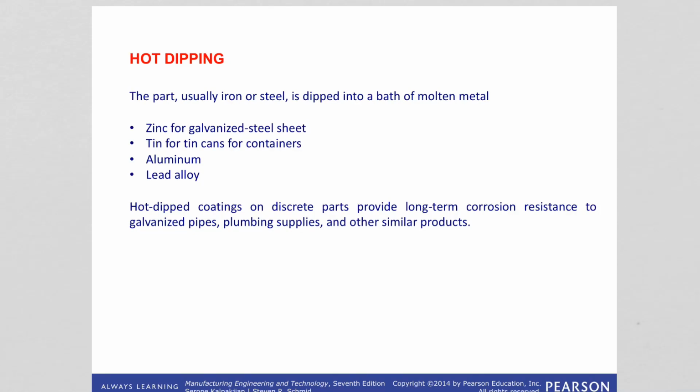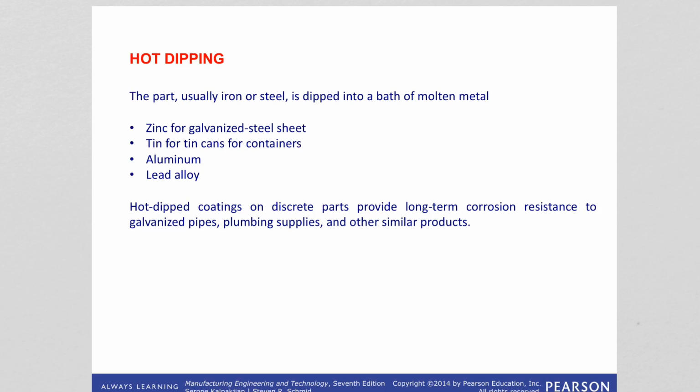There are also lead alloys, but it has been discontinued. So hot dip galvanizing is the most commonly used method for imparting corrosion resistance to steel. So remember, galvanizing means coating the steel with zinc.